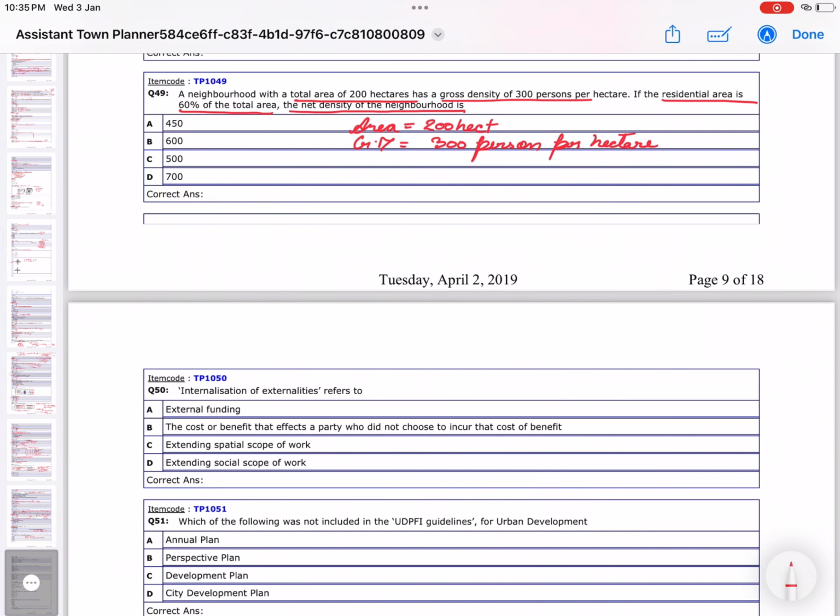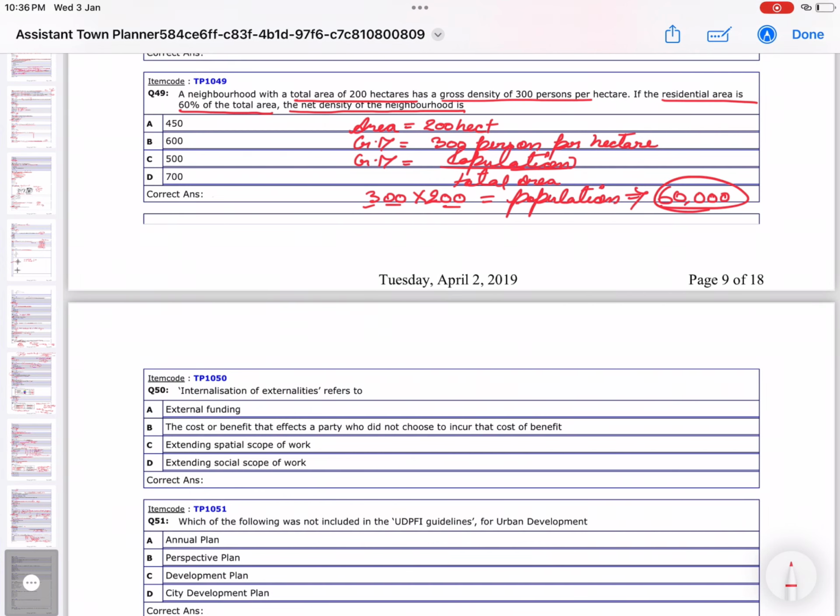So gross density equals population upon total area. This is the formula of gross density. It is given, 300 into total area 200 hectares. So the population comes to 60,000. Okay, so this is the population.